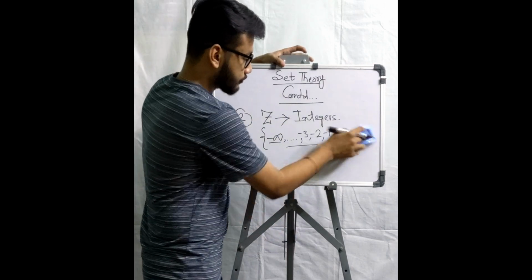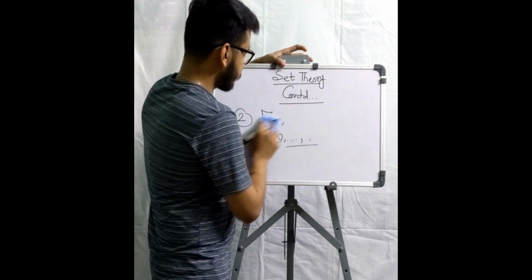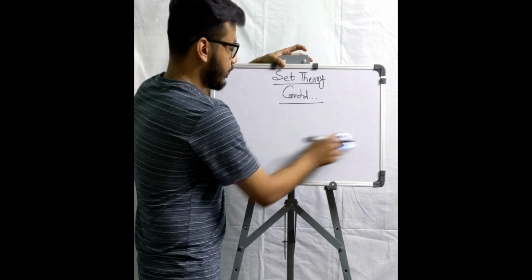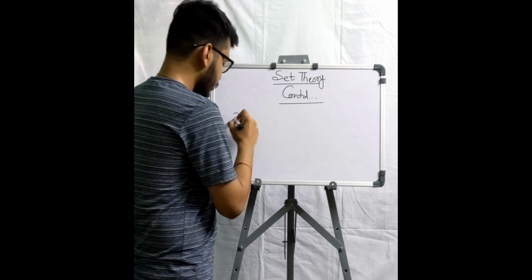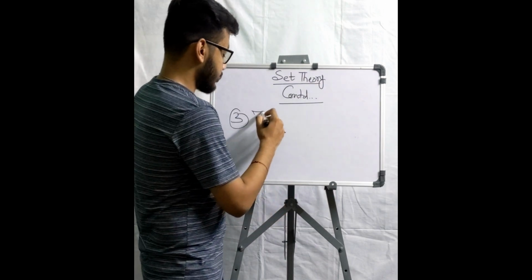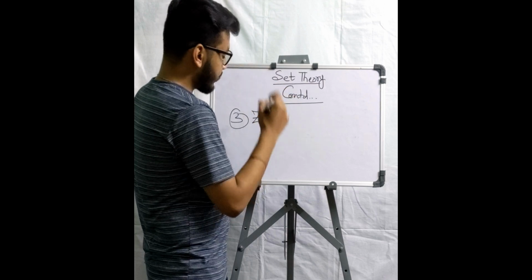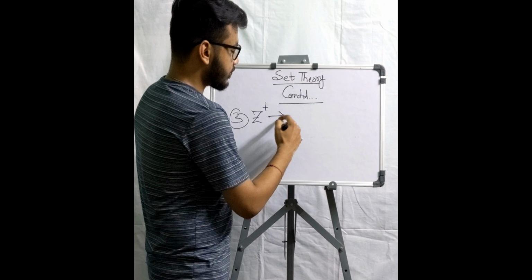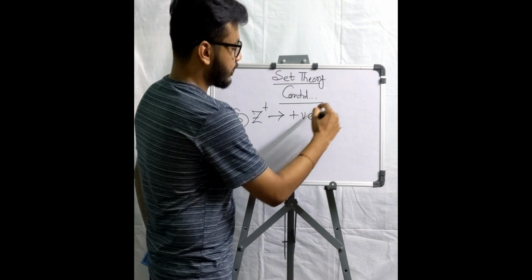Thirdly, we are going to understand what we mean by positive integers. It is denoted by Z plus. It means positive integers.